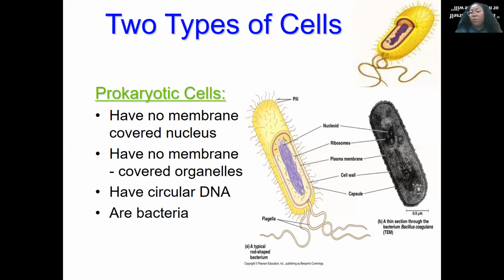And there's some bacteria that also live in extreme conditions. We're still talking about these bacteria, prokaryotic cells. They can live in the crust of ocean regions where it is very hot and gases are leaking out consistently.